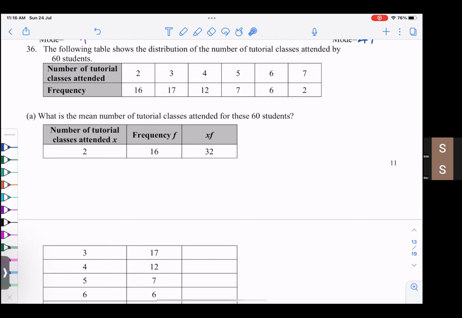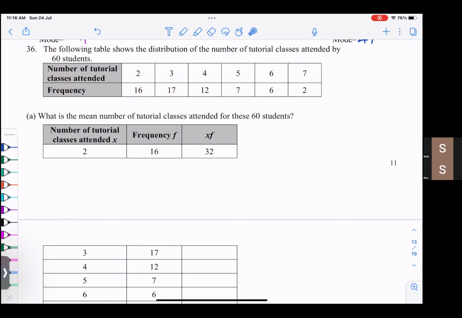So here is a table of the number of tutorial classes attended by 60 students. Some students said they only attend 2 tutorial classes. How many said that? 16. So 16 students say they only have 2 tutorial classes. 17 people say that they have 3, and so on. 2 people say they have 7 tutorial classes. That is a little crazy because you don't really have that much time.